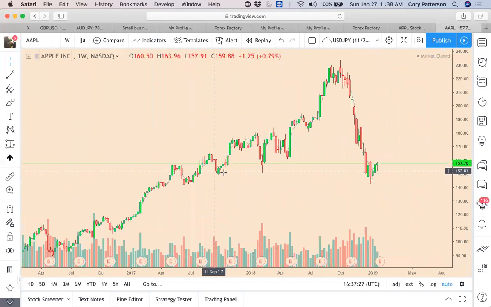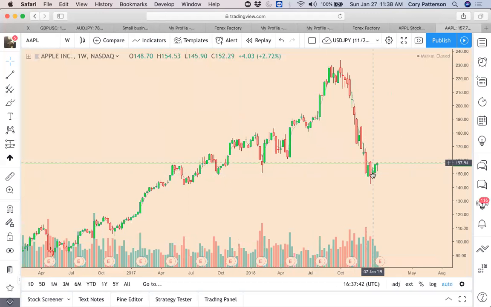If I was thinking I wanted to buy Apple, this price would have been a really good level to consider buying at, because we can see it came back down to that point. And this is where price is right now, in this area of consolidation.